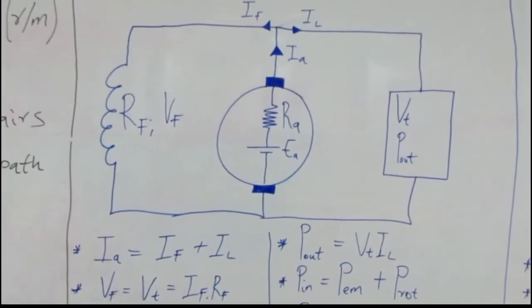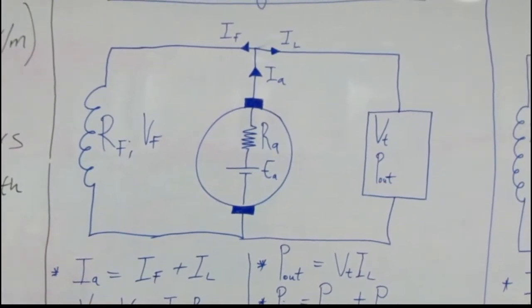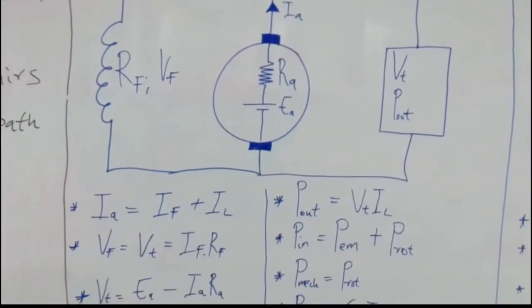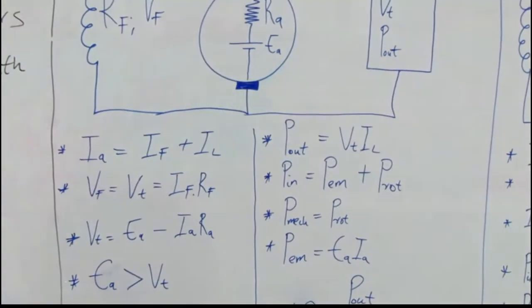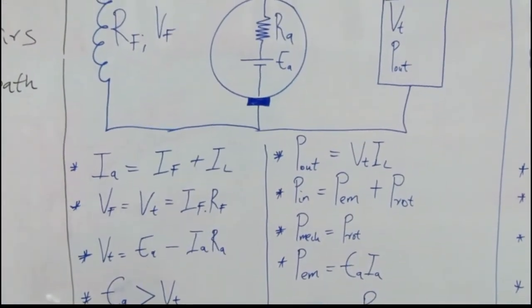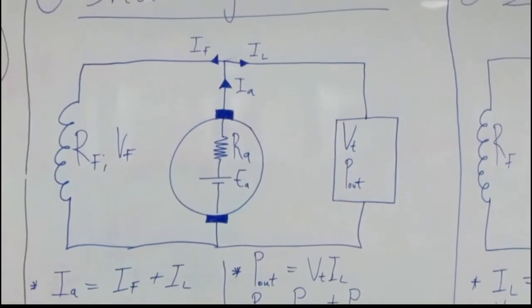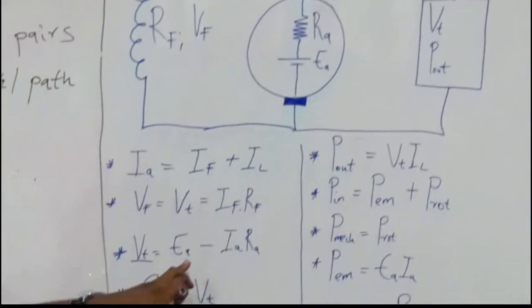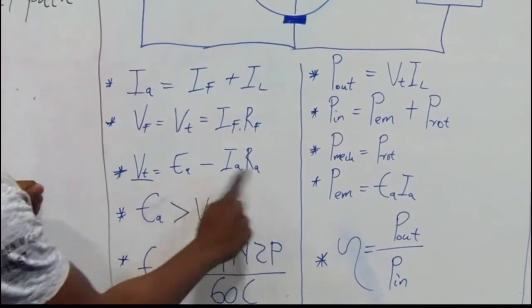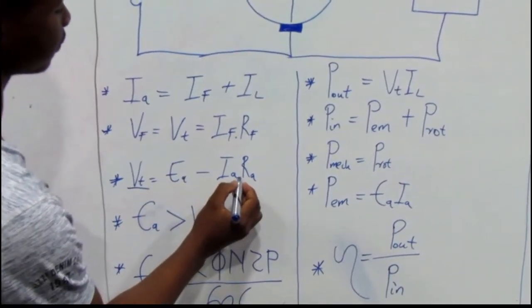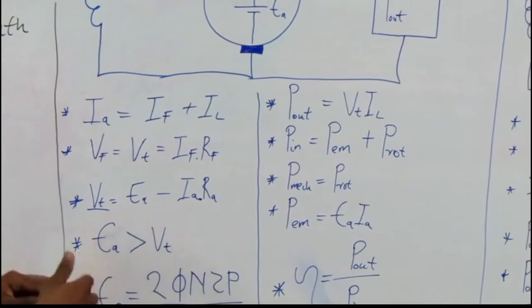Then again, to get our VT, remember on a shunt generator, the induced EMF on an armature is greater than the terminal voltage on the load. Reason being, the current starts here. This is our source, so we can say that V terminal is equal to EA, where EA is the induced EMF across the armature, minus IA RA, where IA is armature current and RA is armature resistance.